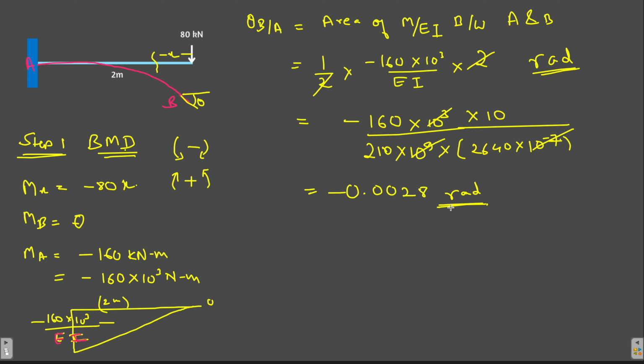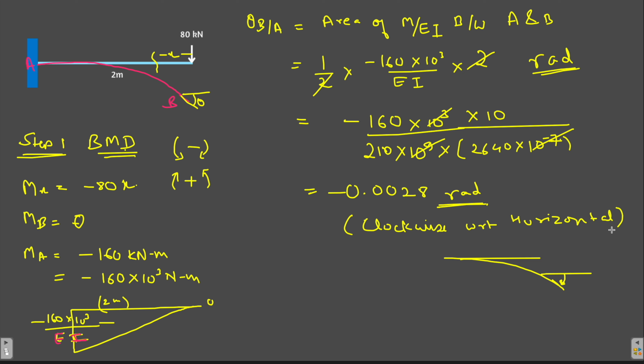Now what is this minus sign? Minus sign denotes that initially the beam should be like this, but it is deflecting like this, and it is forming an angle which is in the clockwise direction with respect to horizontal. So minus radians means you can write the angle theta is in the clockwise direction with respect to horizontal.